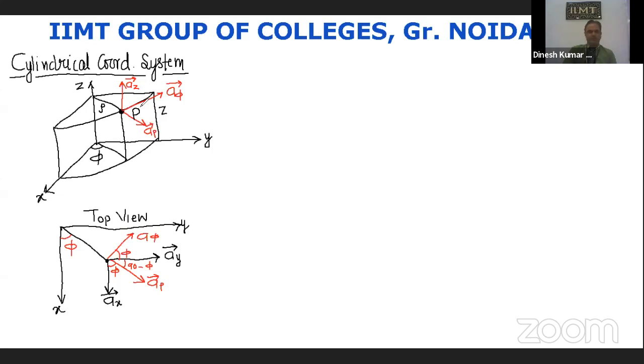Now let us talk about the three unit vectors associated with this cylindrical coordinate system. We have three unit vectors: a rho, a phi, and az, as shown in the first figure with the red stylus. All the unit vectors are directed towards the outward normal direction of the increasing coordinates.